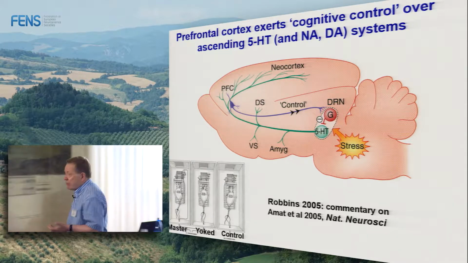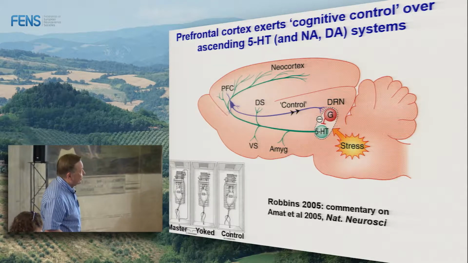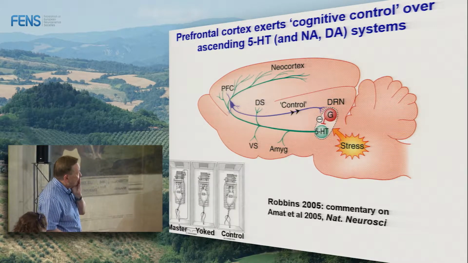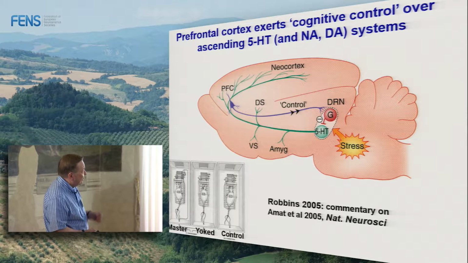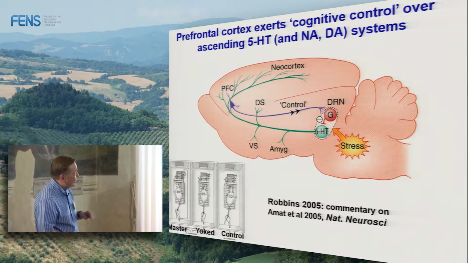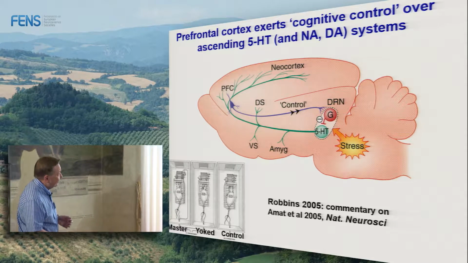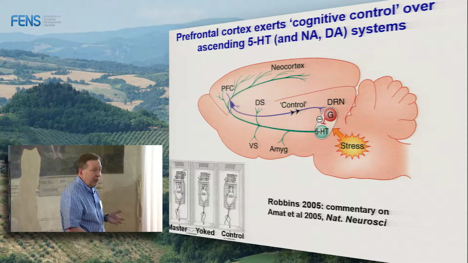And this is shown in a brilliant experiment by Matt and others in Nature Neuroscience about 10 years ago, where they showed that rats made helpless by taking out of action part of their frontal cortex with a drug called muscimol, which enhances GABA and inactivates this structure, performed as though they were helpless rats.